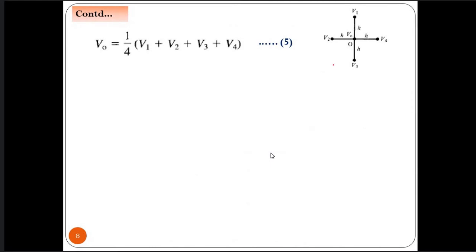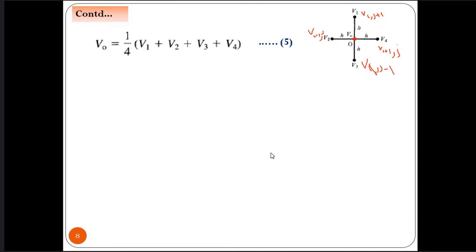Is also clearly mentioned. If you consider the center point as v of i, j, then the neighbors are v of i plus 1, j; v of i minus 1, j; v of i, j plus 1; and v of i, j minus 1.